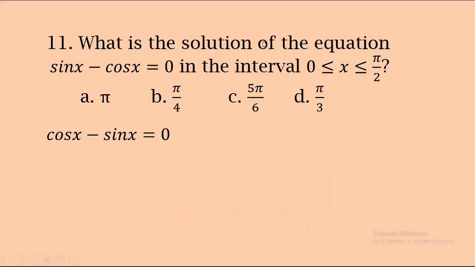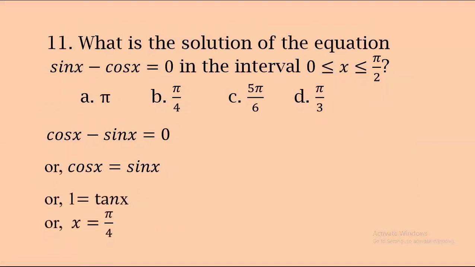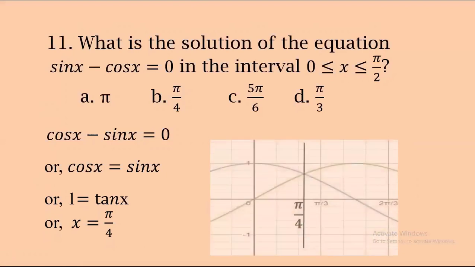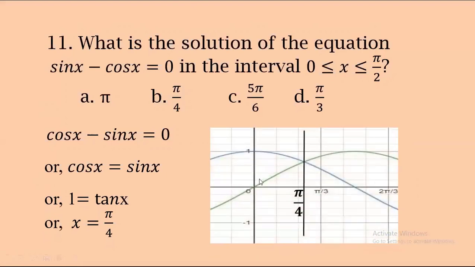Now, what is the solution of the equation sin x minus cos x is equal to 0 in this interval? If we solve this, we will get the solution. Let us see this in a graph. See, this is the sine graph, this is cos.